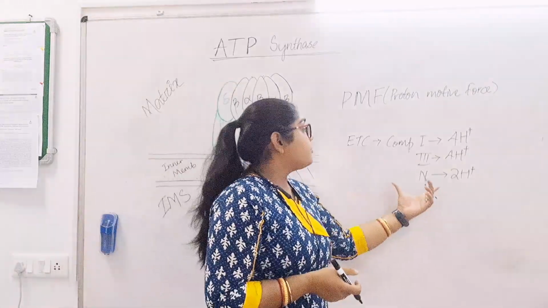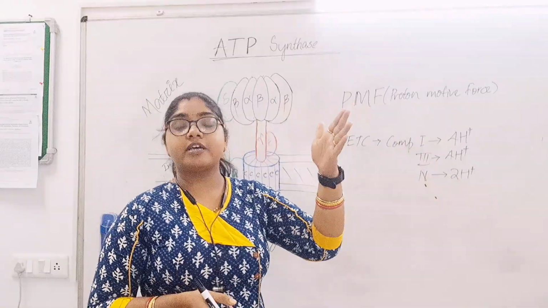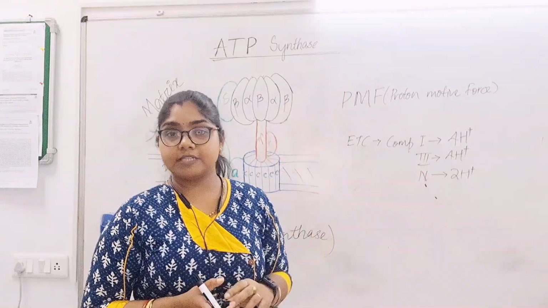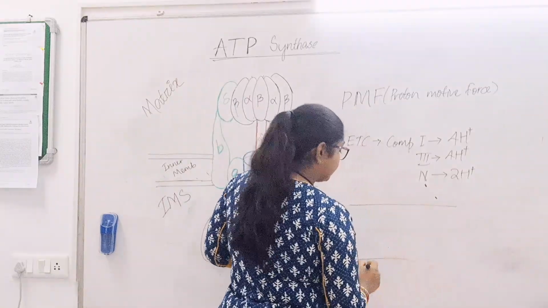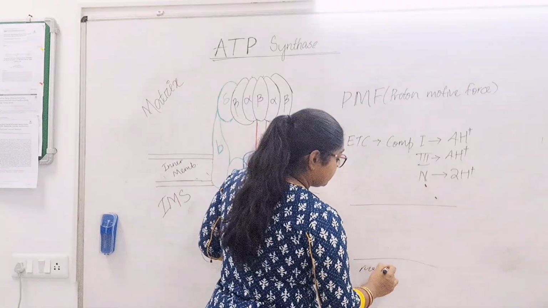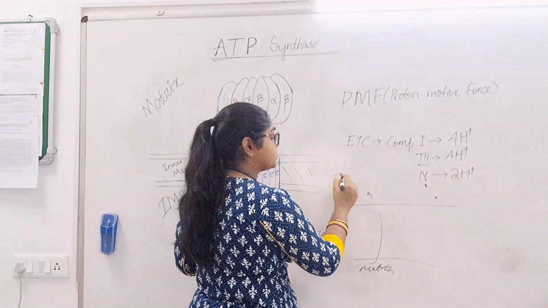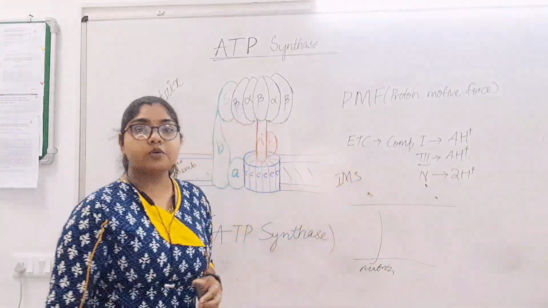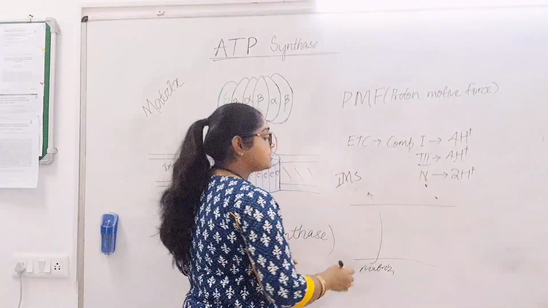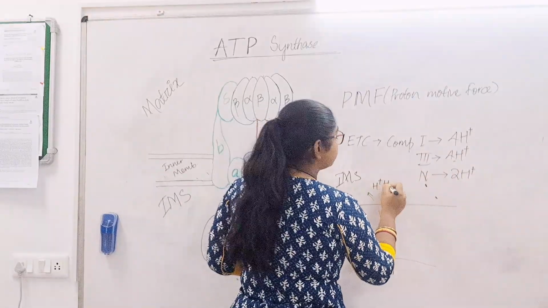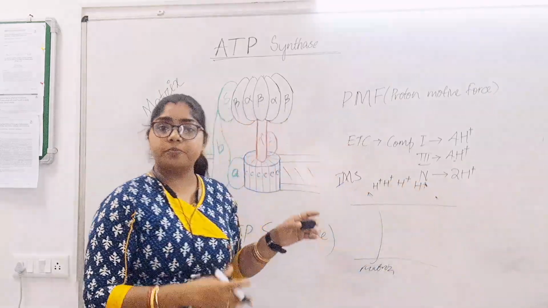So the protons are transported from the matrix to the intermembrane space. The positively charged protons are transported to the intermembrane space, so a lot of protons are present there.